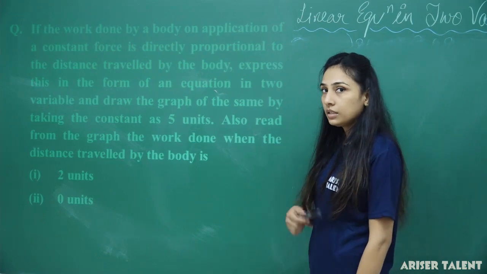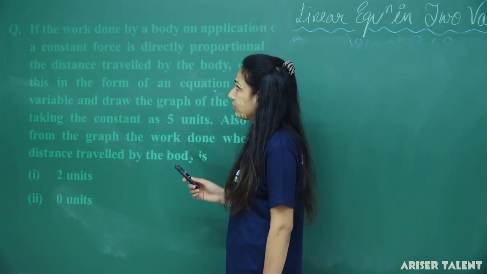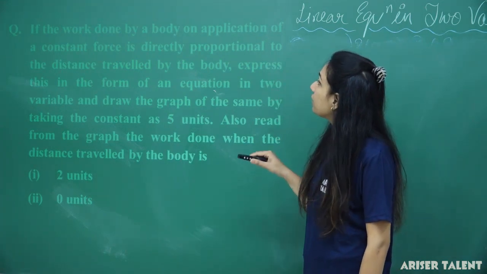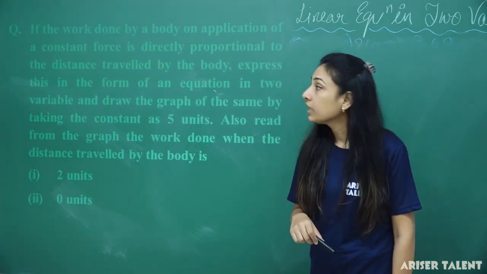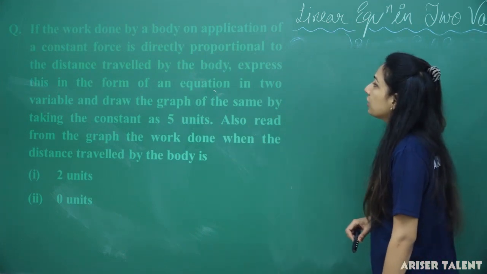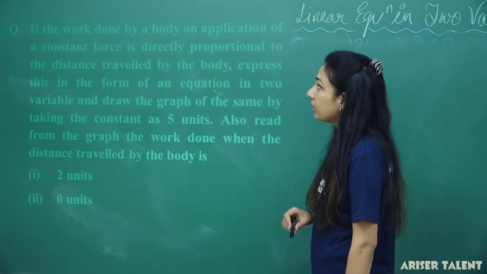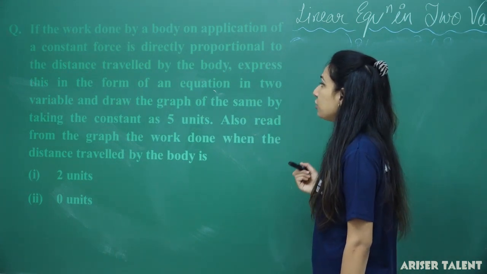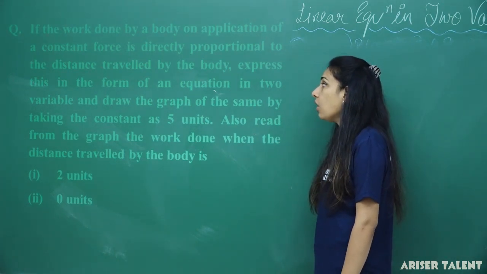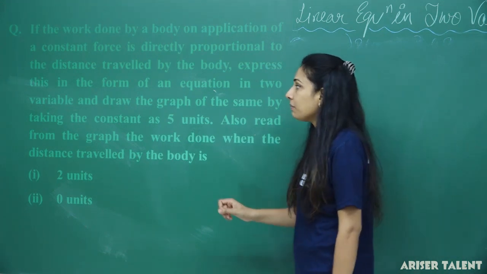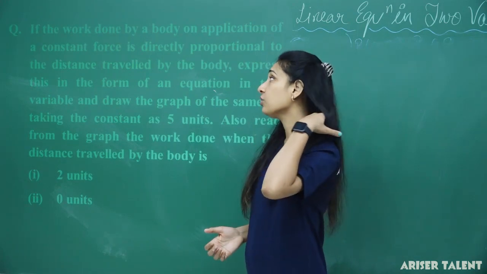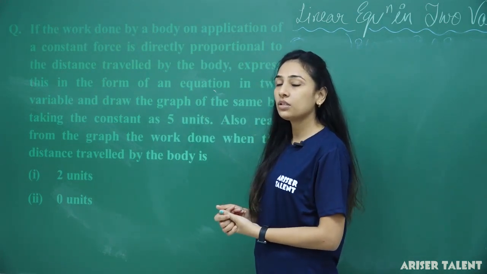We'll see it in our next lecture, but what the question is saying is, if the work done by a body on application of a constant force is directly proportional to the distance travelled by the body, right? Express this in the form of an equation in two variables and draw the graph of the same by taking the constant as 5 units. You have done such things in your physics also.